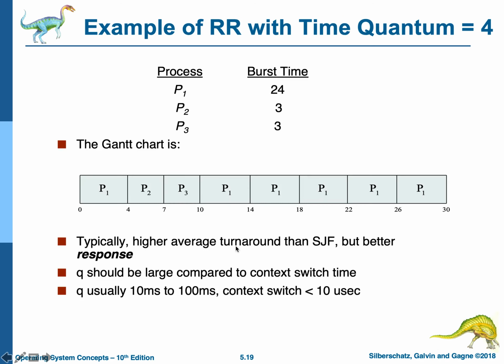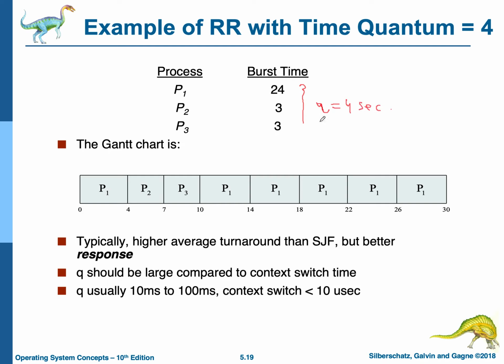Now the example of round robin. Suppose P1 has a length of 24, P2 has 3, and P3 has 3 as its CPU time, and the quantum is 4 seconds.